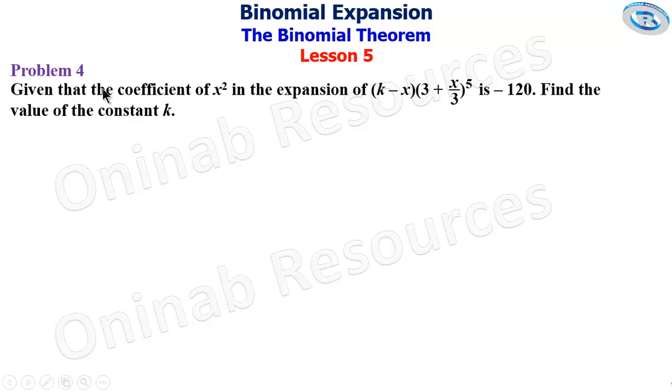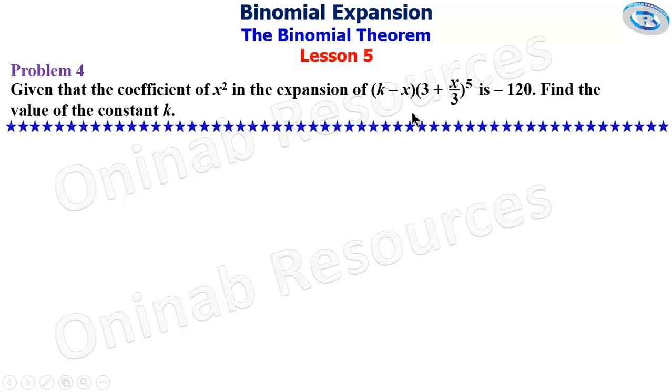For problem 4, given that the coefficient of x squared in the expansion of (k minus x) into (3 plus x over 3) all to the power of 5 is negative 120, find the value of the constant k.